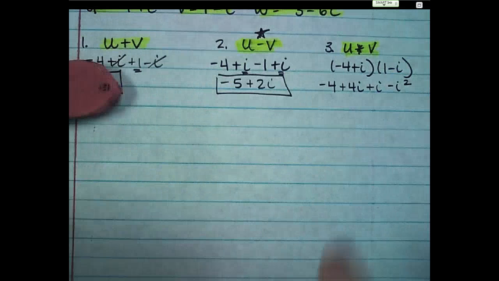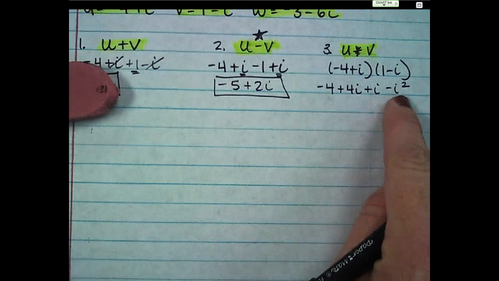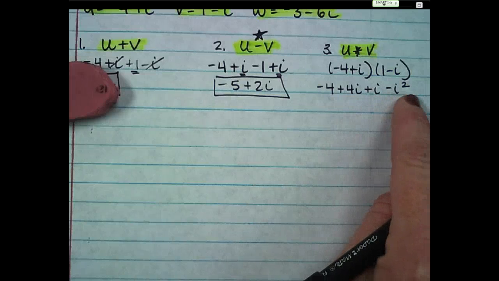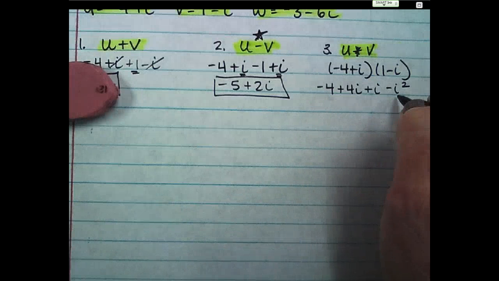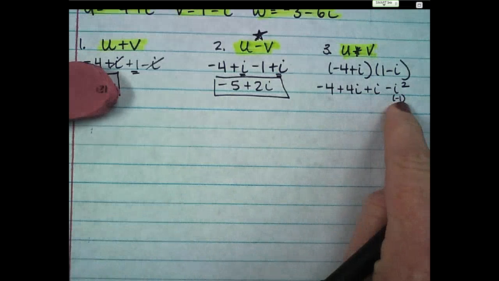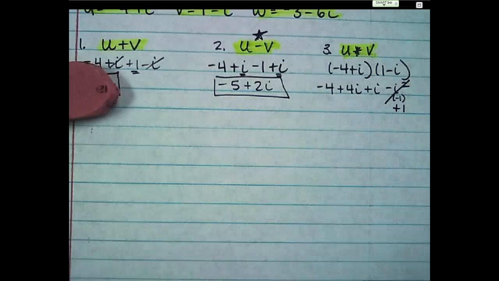So, if you look carefully then here, this is kind of tricky. If i squared is -1 and I want minus i squared, what do I actually have there? +1. Do y'all catch that? This actually is a -1. So if I want the opposite of -1, you're just going to cross it out. That's what I like to do and say, okay, I really just want a +1 there.